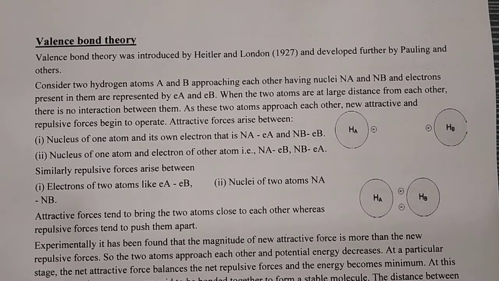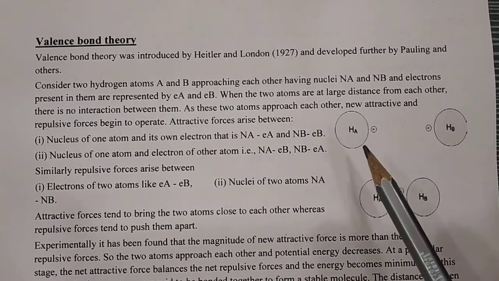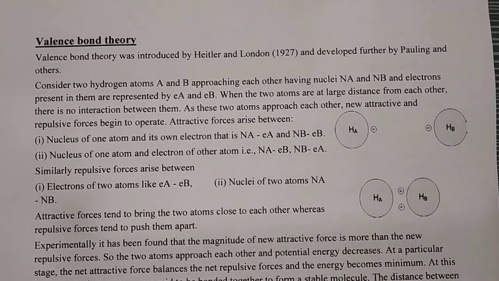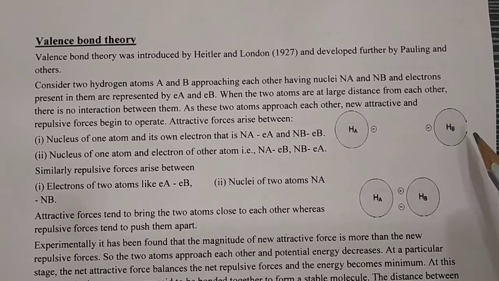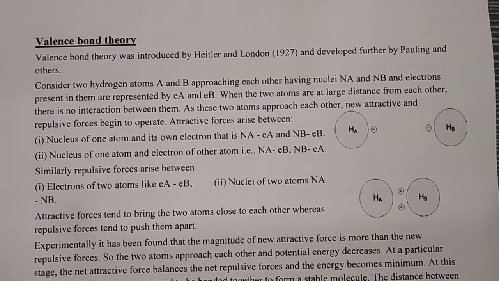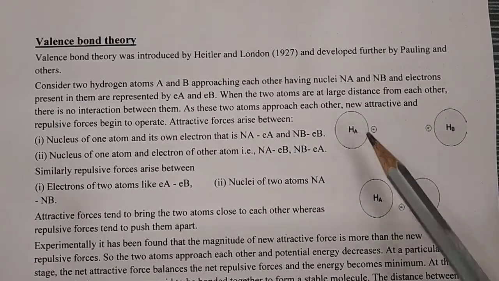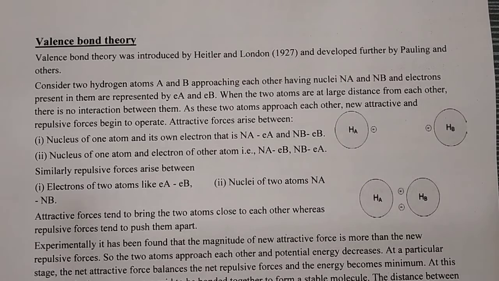So on the basis of hydrogen, we'll start with this theory. This is a hydrogen atom, let's assume Ha, and this is another atom called Hb. In the nucleus of atom A, there is one proton. The nucleus of the first hydrogen is known as Na and the second is Nb.